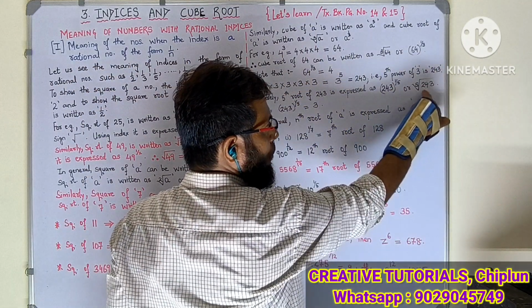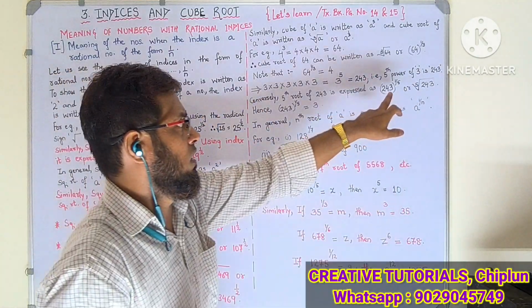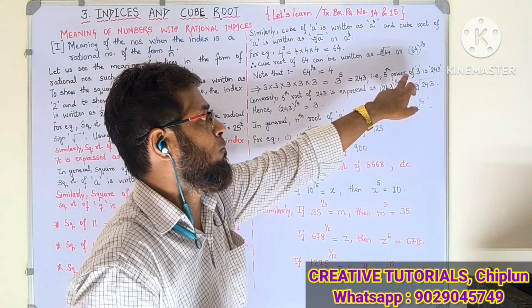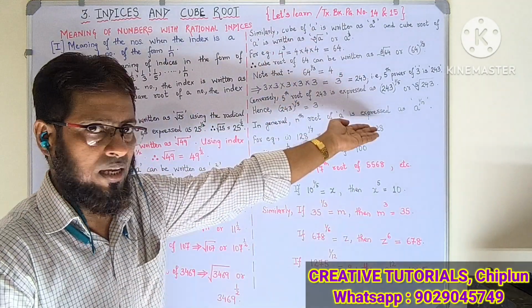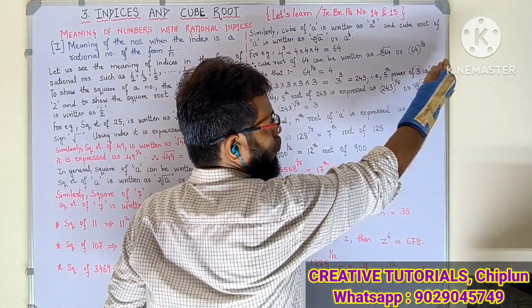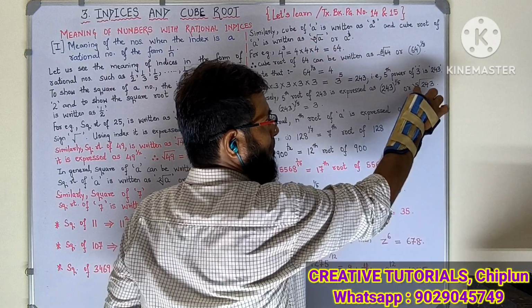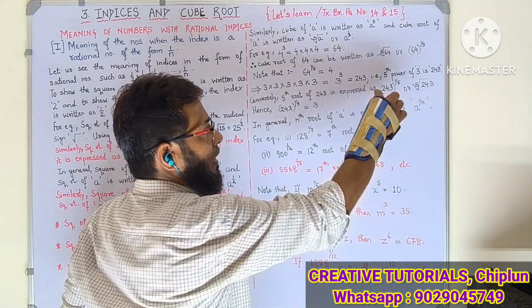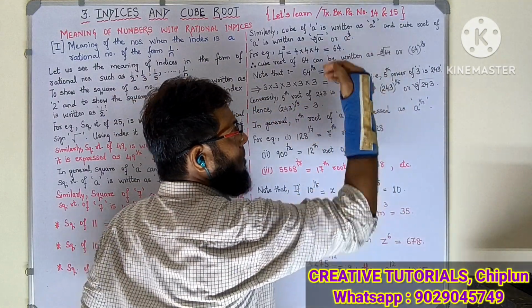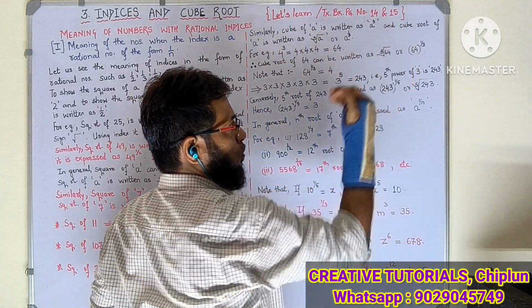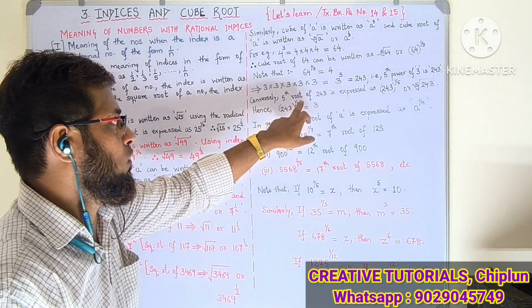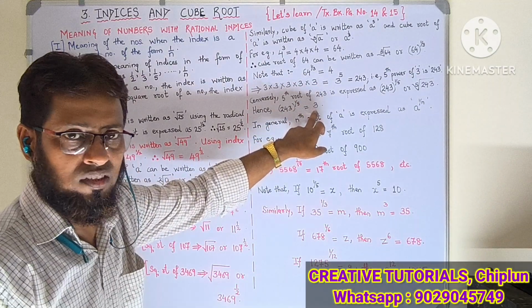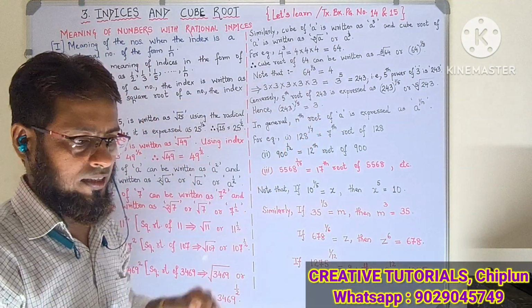So 5th root of 243 and 243 raised to 1 upon 5 is the same as whatever we were doing till now. If I want to remove this radical sign, my power is 5. That is the reason my index for this radical will become the inverse of it, that is 1 upon 5. Hence 243 raised to 1 upon 5 is nothing but 3. That is the value basically.